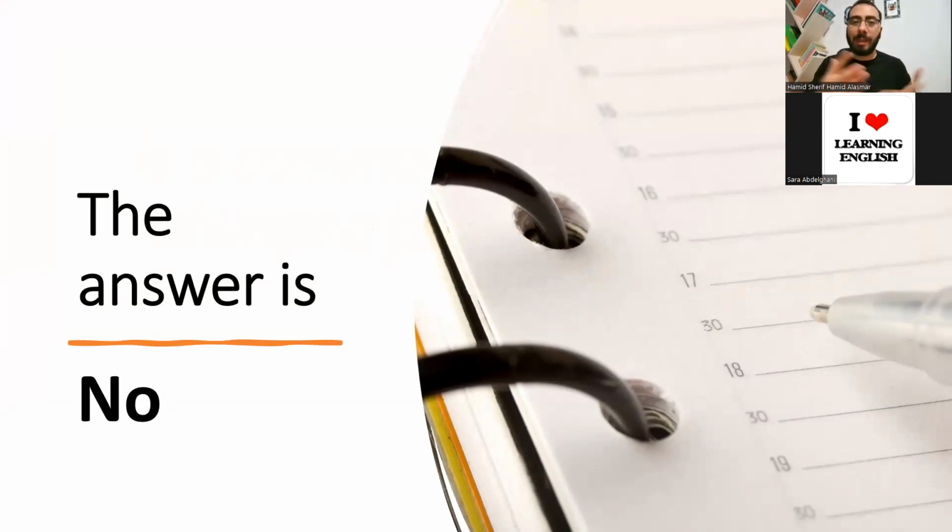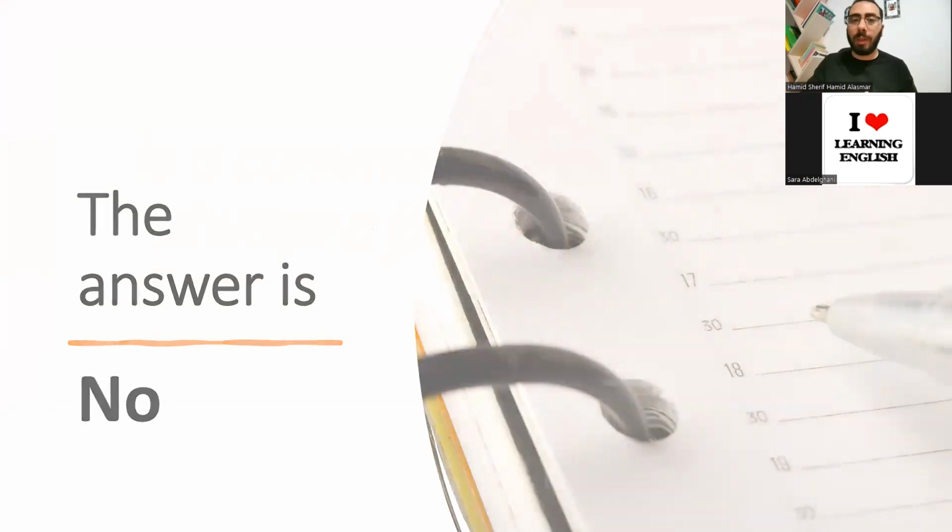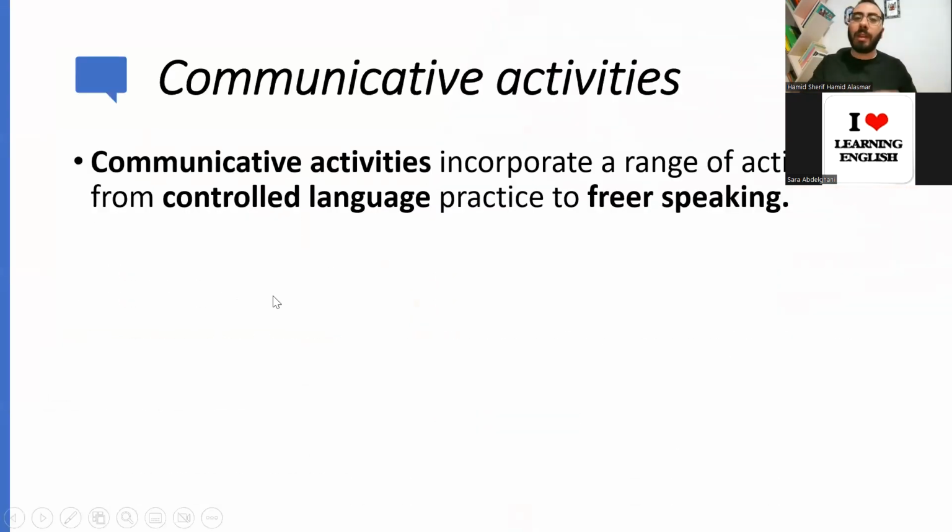Actually, the answer is no, it's not always a fluency-based activity, and we'll see some examples and see how they differ from being communicative and fluency at the same time, or just communicative. Before we look at different examples, when we label a communicative activity, it normally incorporates a range of activities from controlled to freer practice. So it's not always fluency based.